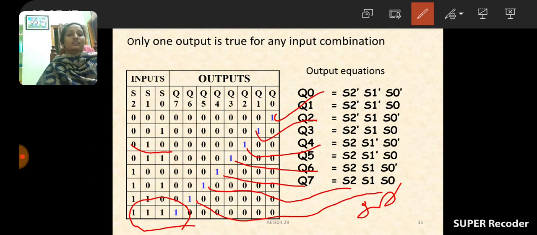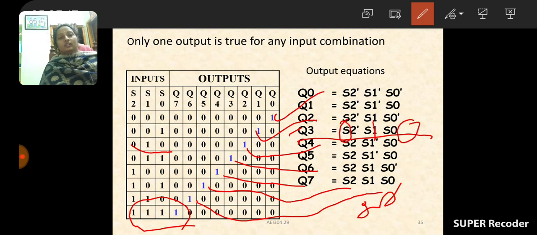Next is what logic? Q1: S2 bar, S1 bar, because 0, 0, 1. Next Q2, 0, 1, 0, so S2 bar, S1, S0 bar. Next for Q3, S2 bar. Next Q4, 1, 0, 0, so only S1 and S0 have bars. Next Q5, 1, 0, 1, so only S1 has a bar, S2 and S0 no bars.